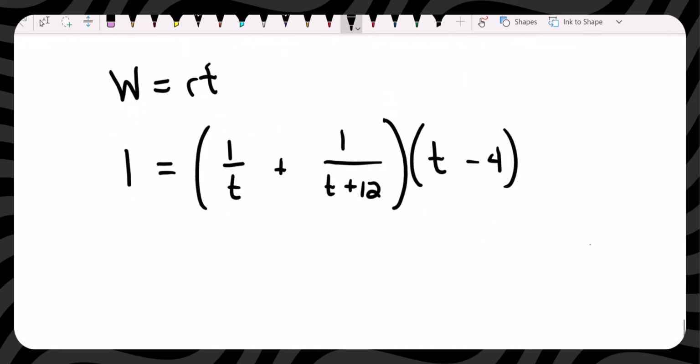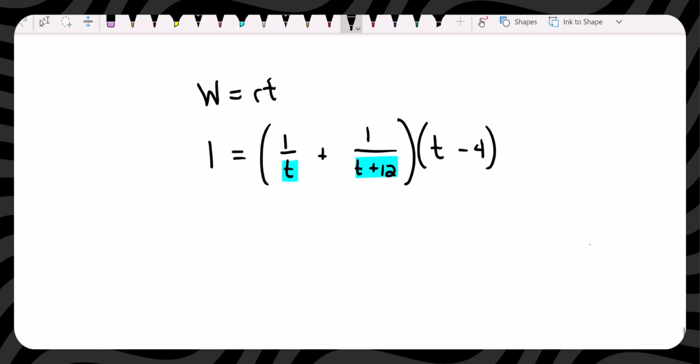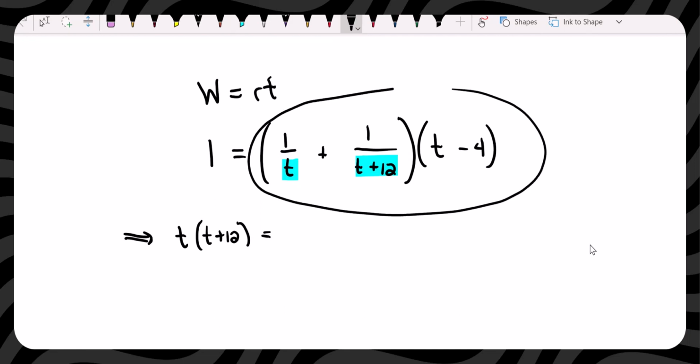Here's my equation. I'm going to multiply both sides by the LCD. The LCD is t times t plus 12. So I get t times t plus 12 on the left-hand side is equal to, well, when I multiply this whole side by t times t plus 12, I'll take the t and the t plus 12, and I'll distribute it just into this fraction right here.